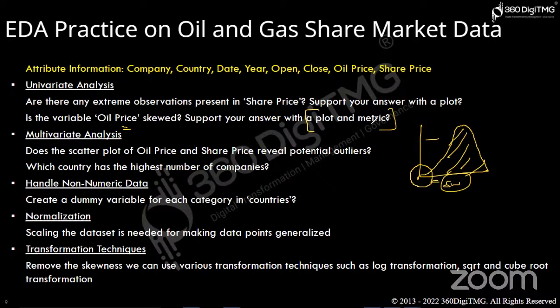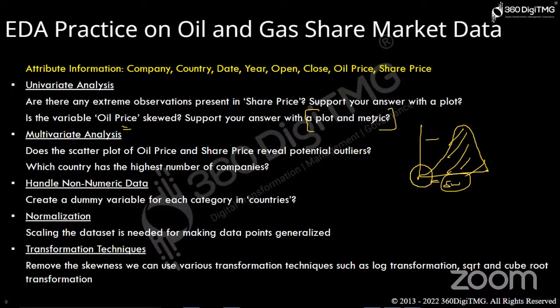If I look into country data, company data, maybe I can find all these details. When it comes to handling non-numeric data, we have to look into dummy variables. So we create a dummy variable for each category, each category of countries.